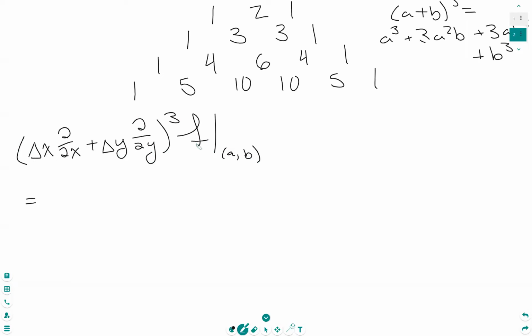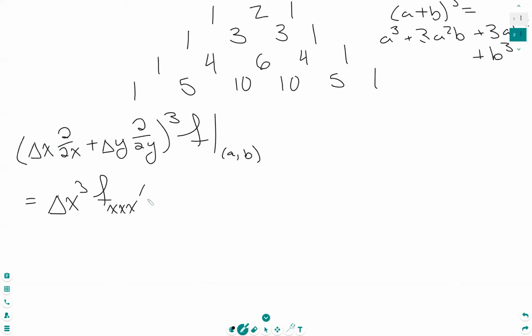So if I want to FOIL this guy out and I have cubed, I can read off the coefficients from my Pascal's triangle. So it's my first guy cubed, right? So I have delta x cubed, and then the third derivative, f x x x, right?